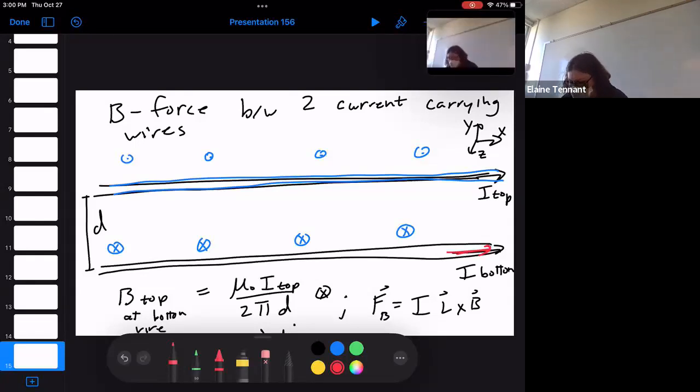The magnetic field in this case, so this is L of the bottom wire. This is the current of the bottom wire. And this is the magnetic field of the top wire. Does that make sense?